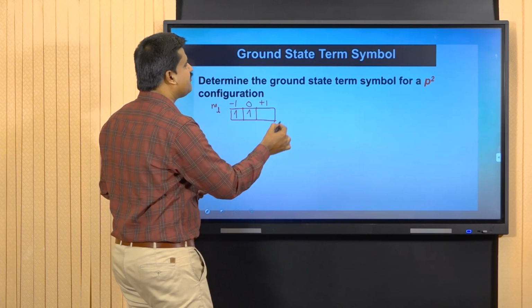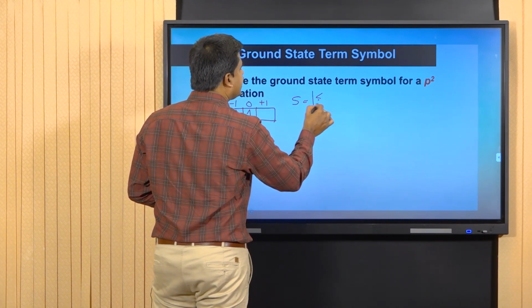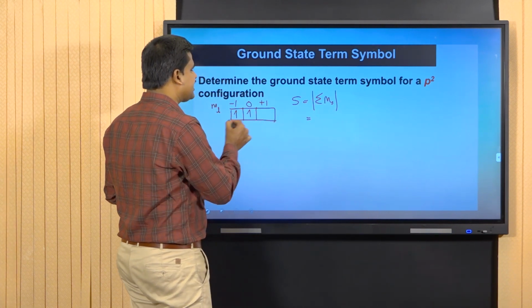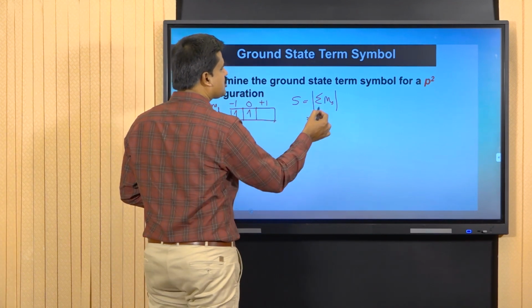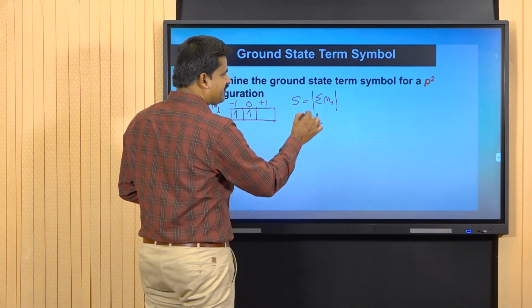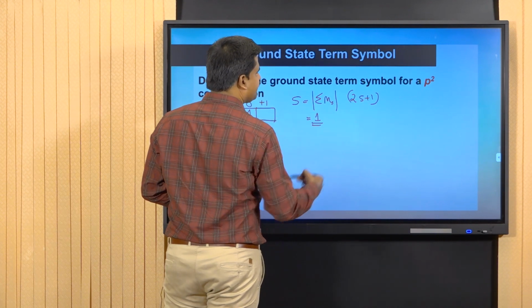First of all, I have to compute the value of S. S is equal to modulus of sigma ms. With the clockwise arrangement, ms is equal to plus half for each electron, so S is equal to half plus half, that is equal to 1. If you know the value of S, you can easily find the multiplicity 2S plus 1.